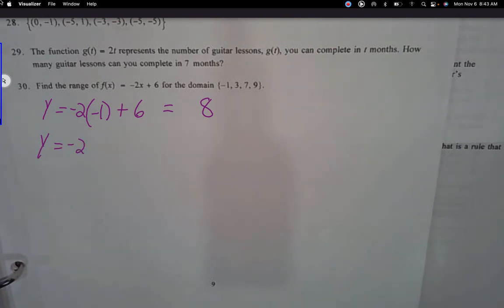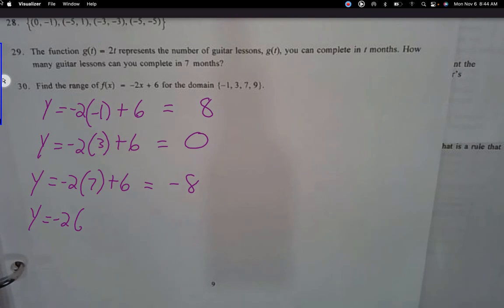It's -2 times 3 plus 6. What's that going to be? 0. Okay, how do I find the next one? Plug in 7. So we get -2 times 7 plus 6. What's -14 plus 6? -8. And then the last one, I'll plug in 9. And what's -18 plus 6? -12. So those are all my answers for that one.